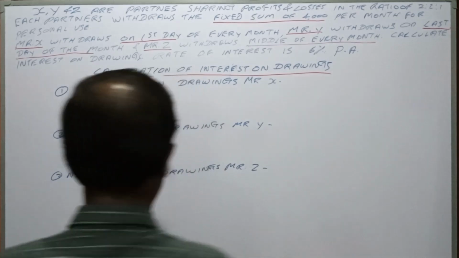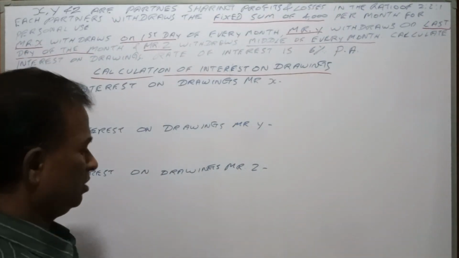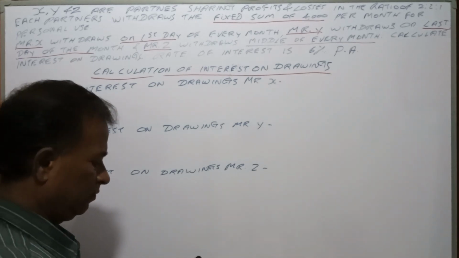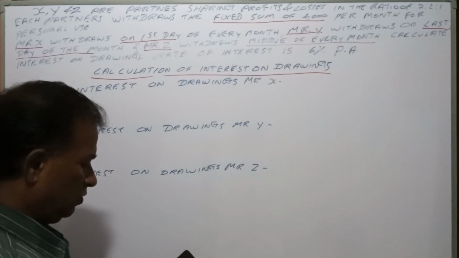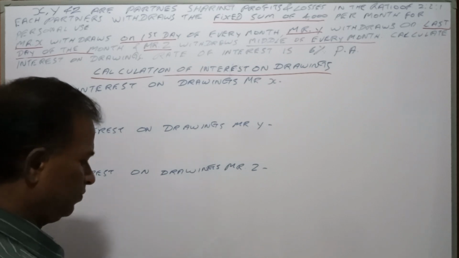Right. So here they say 4,000 per month, in the sense 4,000 per month gives 48,000 per year.